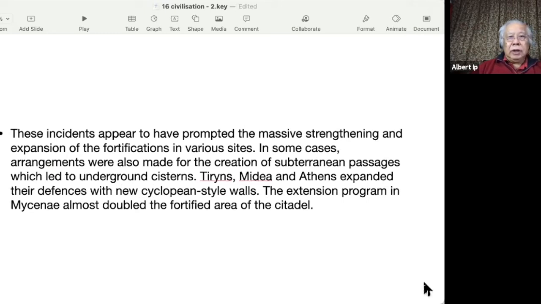It appears to have prompted the massive strengthening and expansion of fortification. And in some cases, arrangements were made for the creation of subterranean passages which led to underground cisterns. So again, it is possibly due to an invasion by other tribes. And therefore, when there are invasions, then the kingdom might have overstretched its resources.